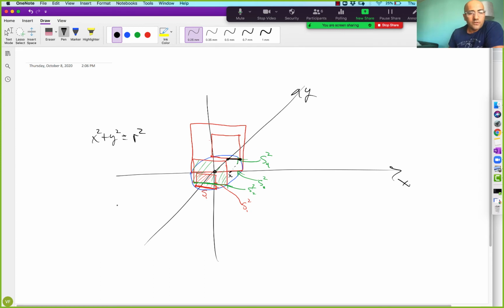Questions? So the way I've drawn it, the side is always going to be equal to 2 times the x value.